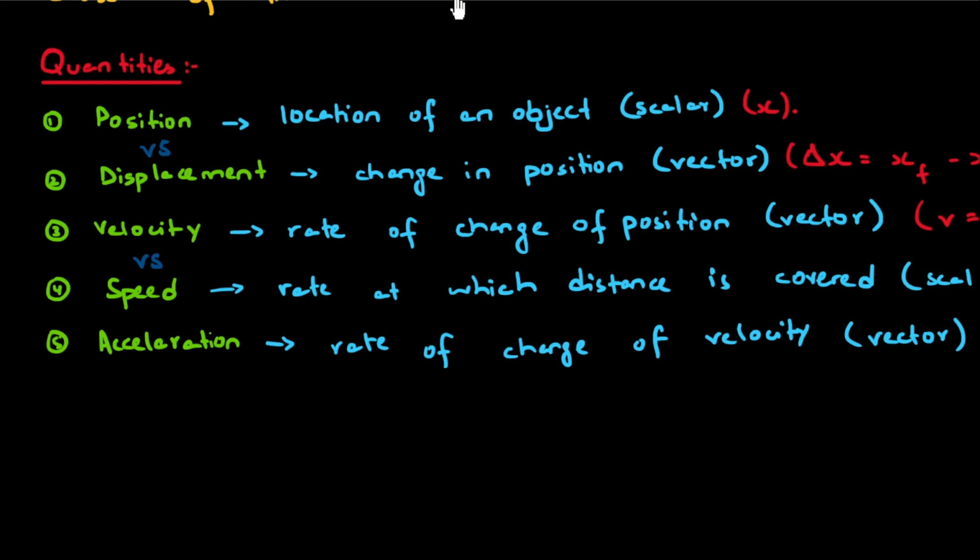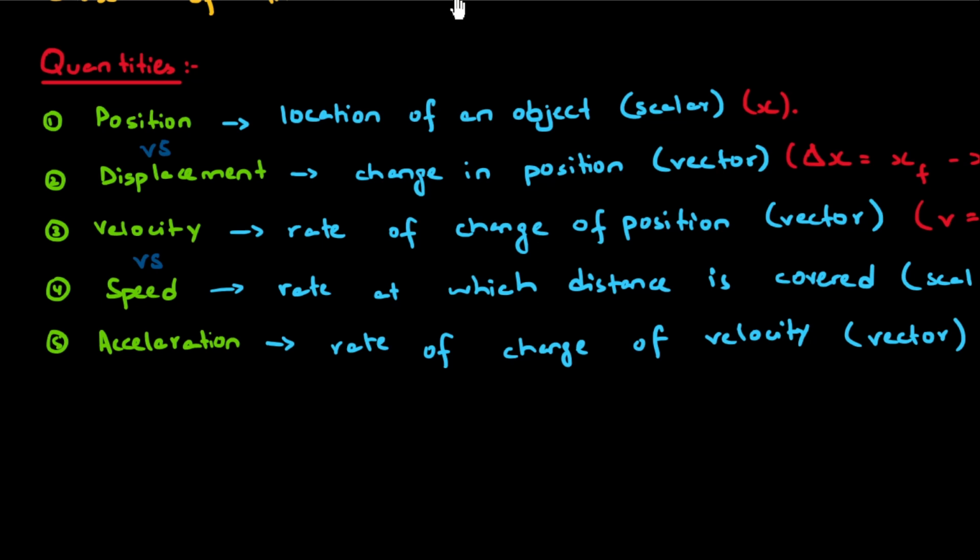And then we have velocity and speed. Speed is simply how fast something is moving. Velocity is speed but with direction. For instance, if you were to say that a biker is moving with a speed of 40 meter per second, then that's speed.